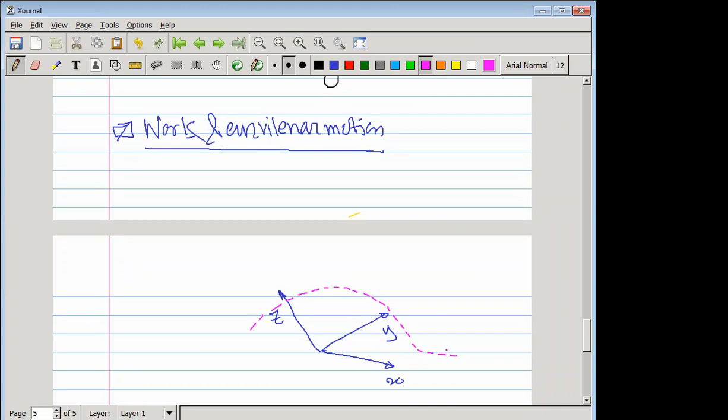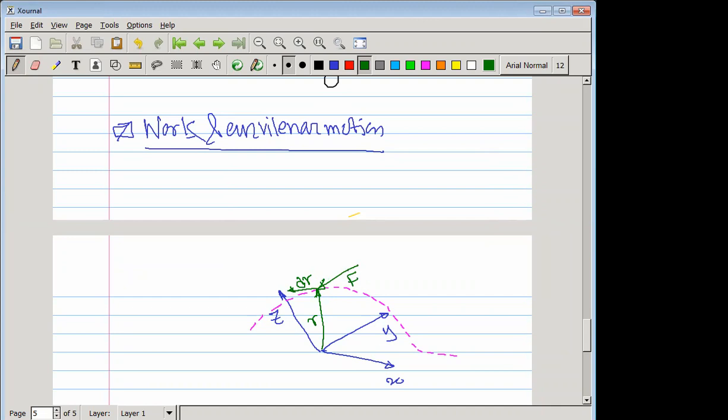Suppose this pink line shows the path of that particle which moves, and suppose you have taken radius r, where this one indicates the direction of motion, and the force which is applied on this is, suppose, along this direction.